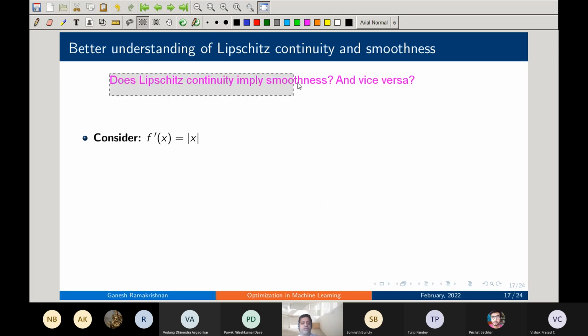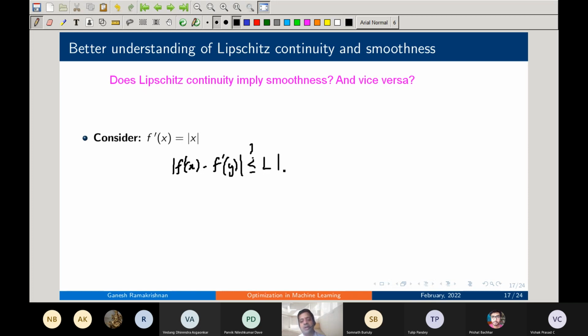Are they totally disconnected? Let's take some examples to appreciate this. Let's say f dash x is, given a hypothetical function f, whose derivative is the absolute value of x. Now ask the same question: is f dash x minus f dash y, which is basically the absolute value of x minus the absolute value of y, less than or equal to L times the absolute value of x minus y?